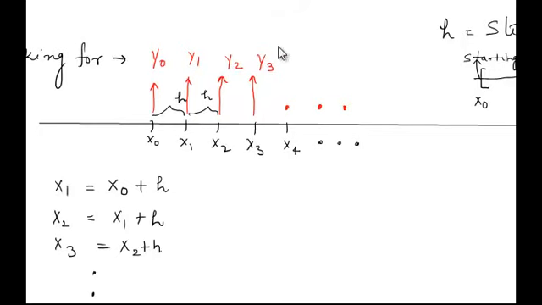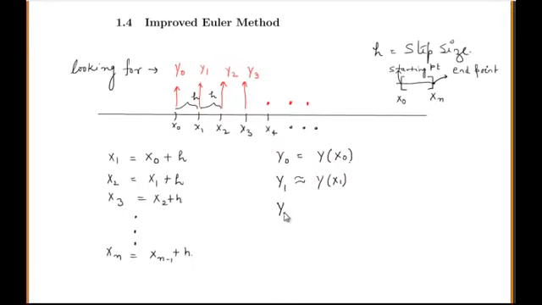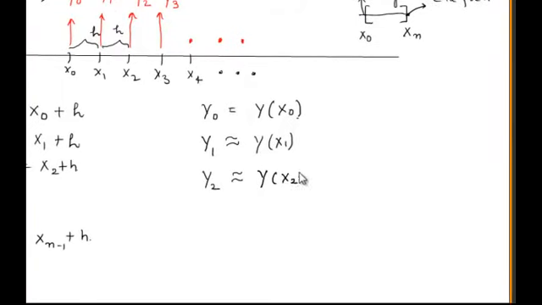Now what do these notations mean? y0 is nothing but the initial condition, y at x0, and y1 is basically an approximation to the exact solution at x1. y2 will be the approximation of the solution at point x2, and y3 will be an approximate value at x3.